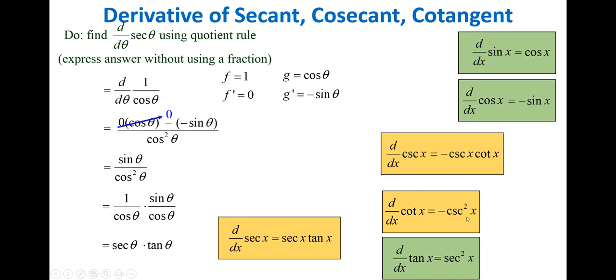And you can see the patterns here. If this is positive secant of x, then cotangent is negative cosecant squared of x. And here this is secant of x, tangent of x. This is cosecant, cotangent, but then again negated. So there is a little pattern there if you're a memorizer.